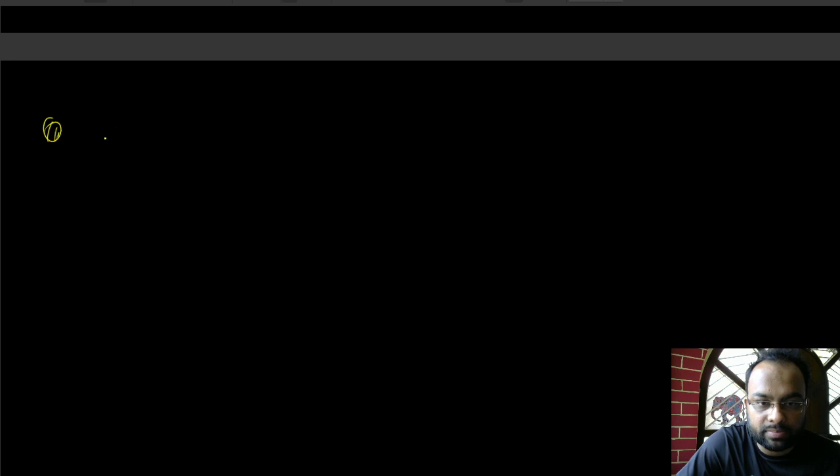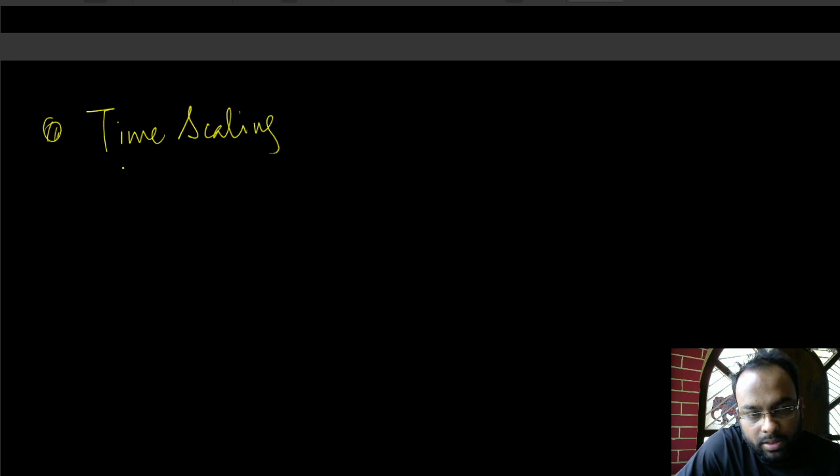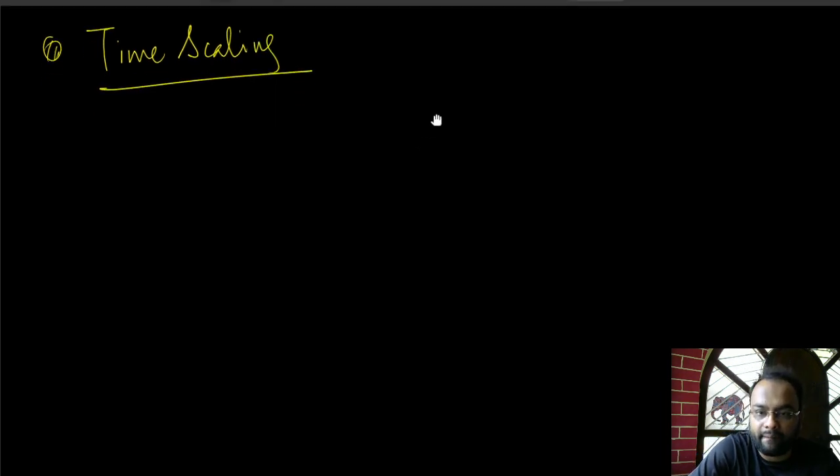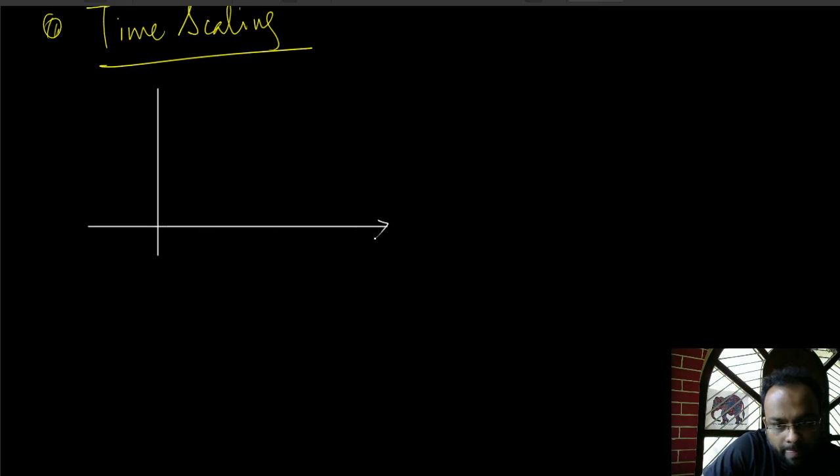So the next point is time scaling. Very quickly, let me draw a very simple signal here so that it's easy to follow again.